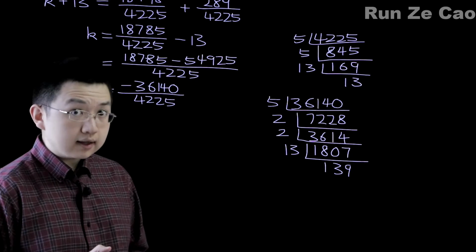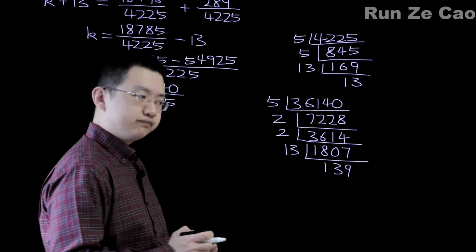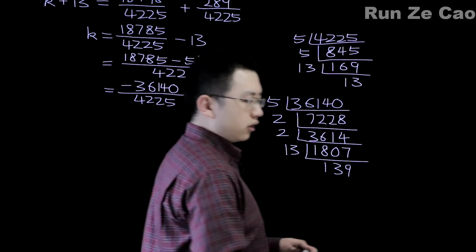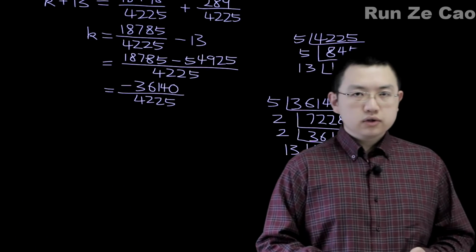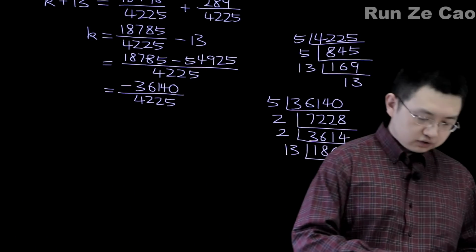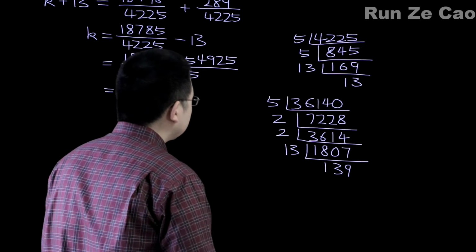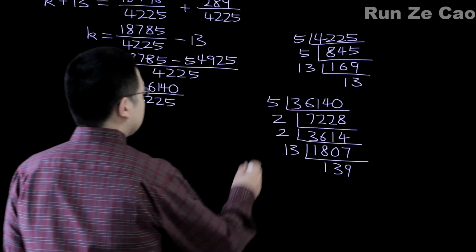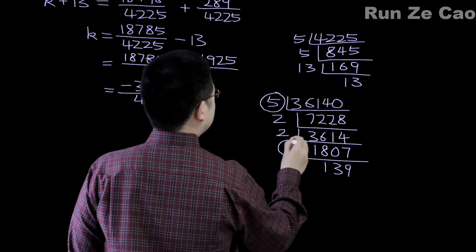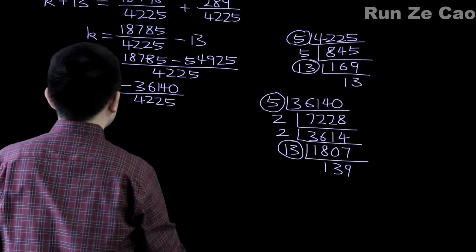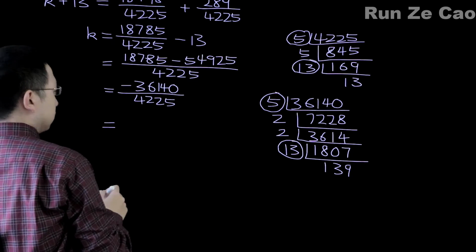Because 12 squared is 144. But we've already tried all the prime factors under 12, so we must conclude that there are no additional factors. So what can we actually cross out here? Well, we can get 5 and 13, 5 and 13.